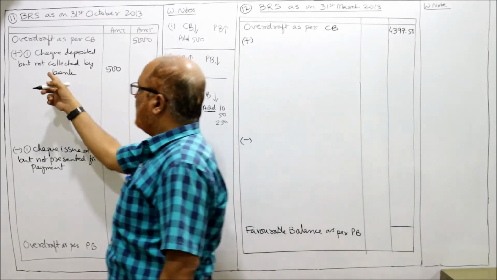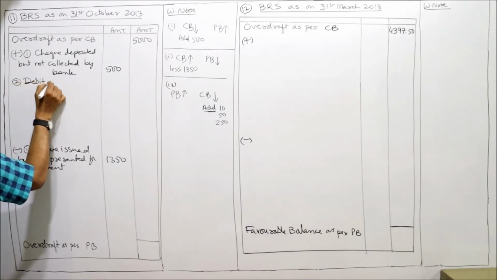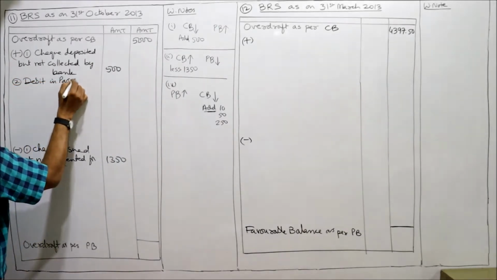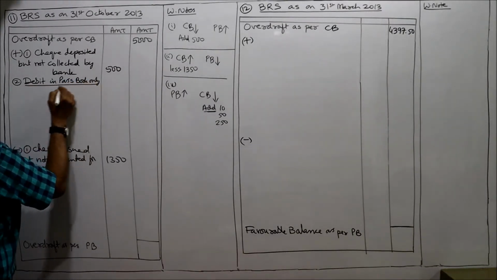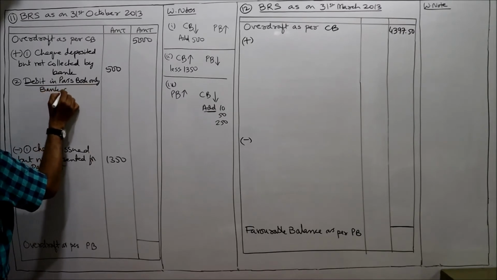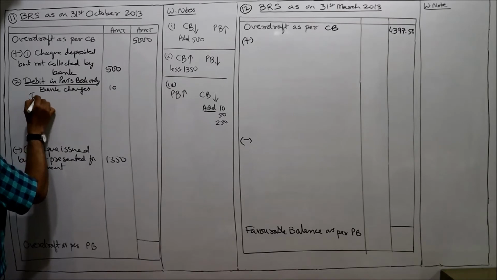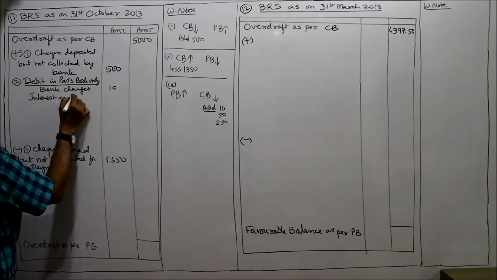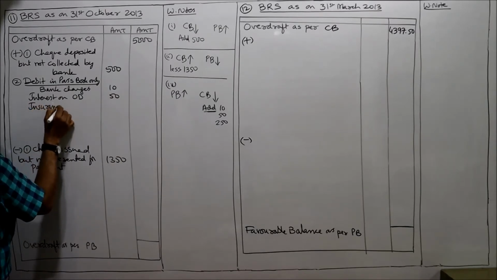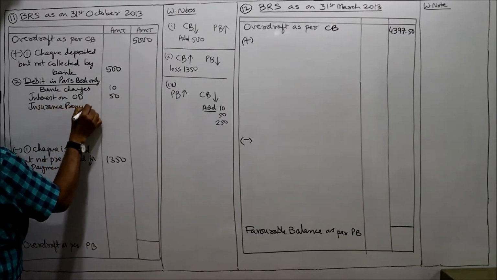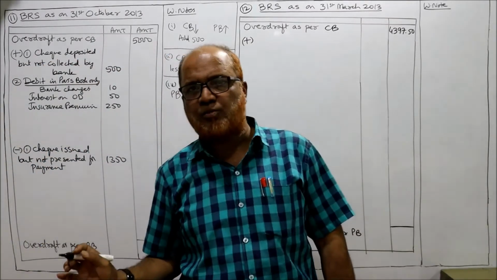So in addition terms: debit in passbook only. Bank charges 10 rupees, interest on overdraft 50 rupees, insurance premium 250 rupees. That's all. Three debits we have found in the passbook.